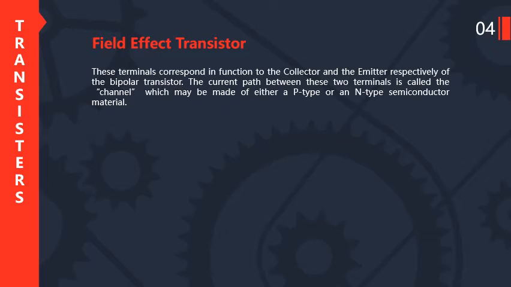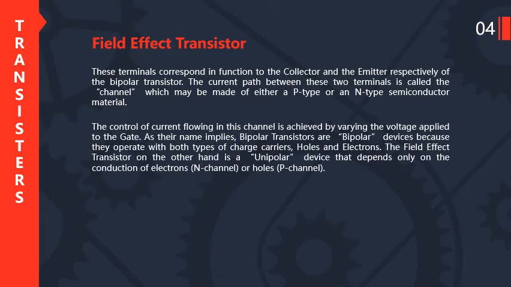These terminals correspond in function to the collector and emitter respectively of the bipolar junction transistor. The current path between these two terminals is called the channel, which may be made of either a p-type or an n-type semiconductor material. The control of current flowing in this channel is achieved by varying the voltage applied to the gate.